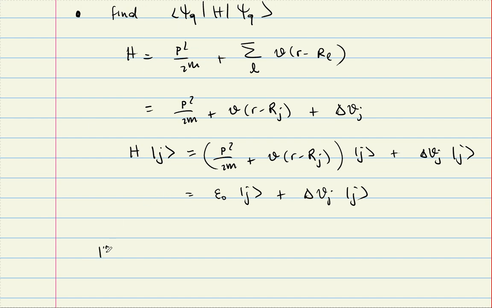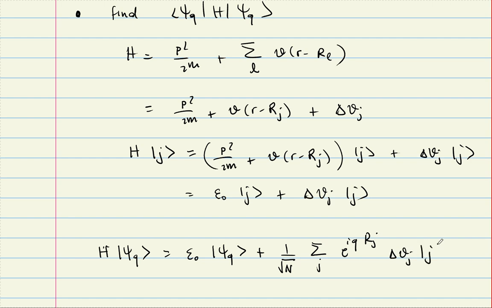Then H times psi of q also has this first piece, epsilon 0 times psi of q, plus 1 over root N, I'm just writing psi of q now, the sum over J of e to the i q R j, delta V of J times J.